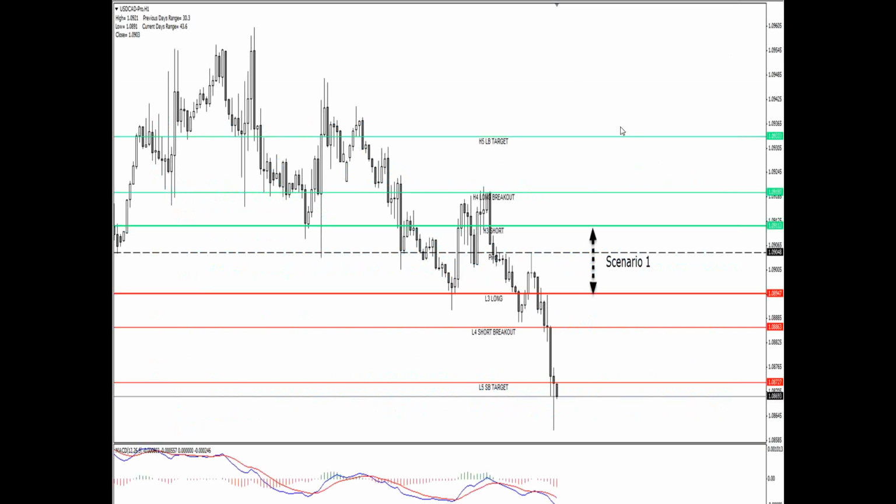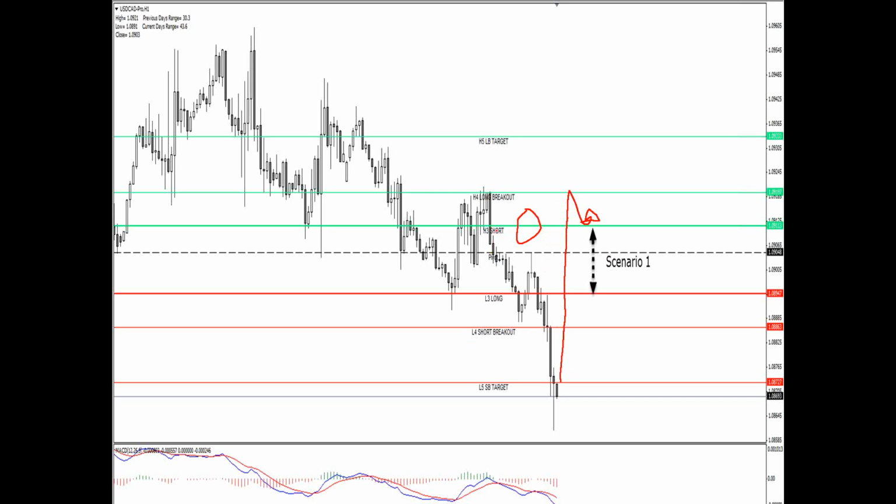Scenario 1 is when you can see the names and the labels below each line. So L3, L4, L5 are supports, H3, H4, H5 are resistance until one of them breaks. You know, standard price action trading. This is considered resistance until the price breaks through it, retests it, and closes above.